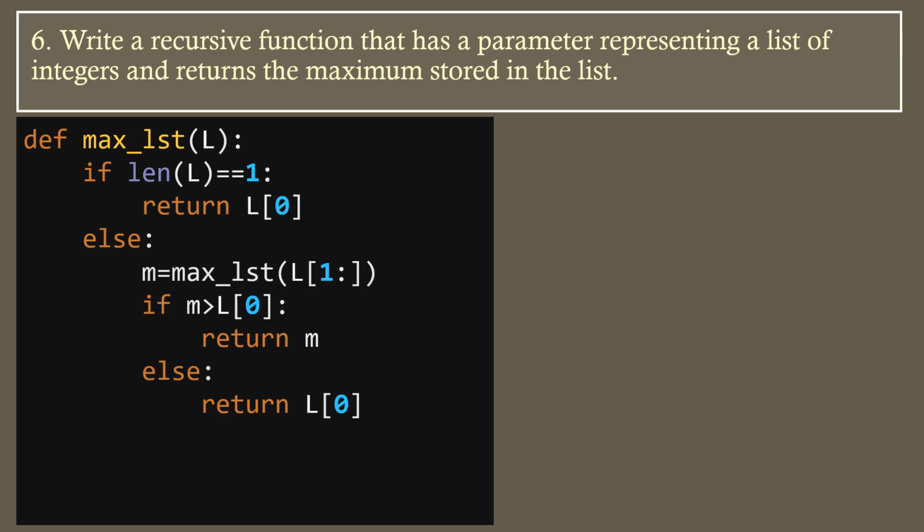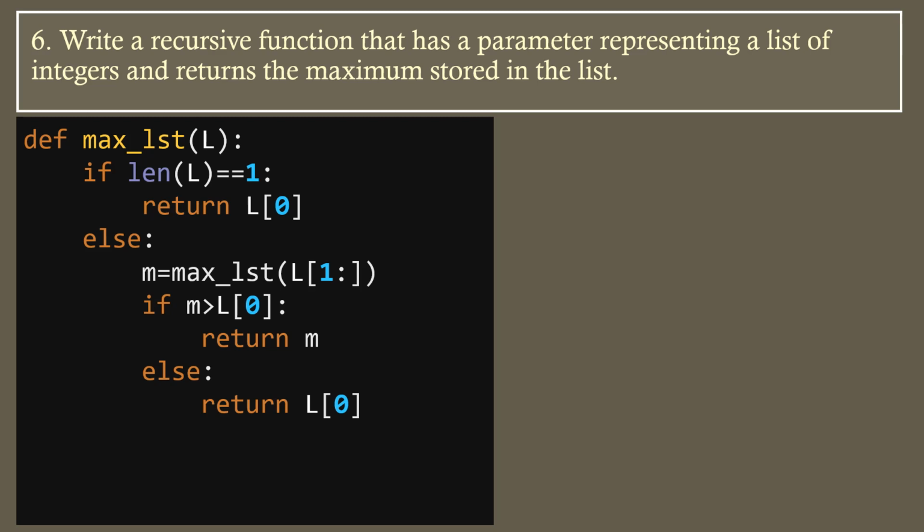Otherwise, m is a variable which is assigned the value max_lst(L[1:]). So this is a recursive call to this function, and here the list becomes L[1:]. That means the list excludes the first element, and the rest of the elements are present in this list.